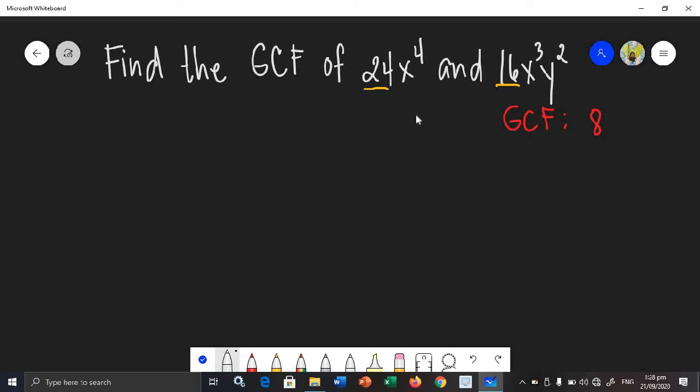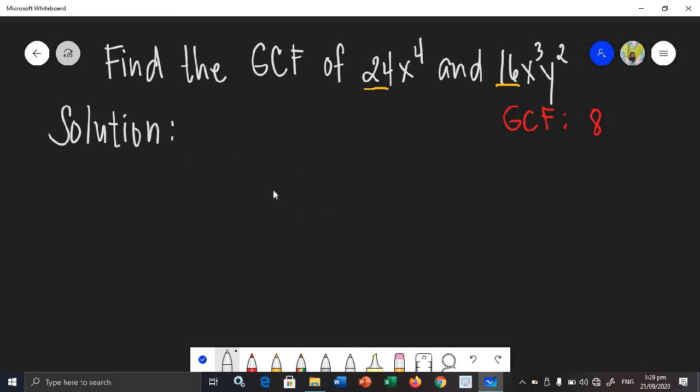So in this example, ang magkamukhang variable lang nila ay x. So we can get the GCF of these variables na x yung base. How about y? We cannot get the GCF of that kasi etong second monomial lang yung may y. Yung first, wala. So, therefore, ang kukuhanan lang natin ng GCF, si x.